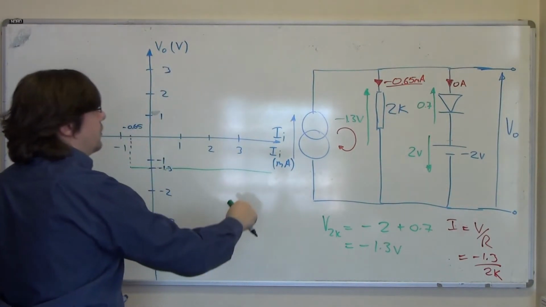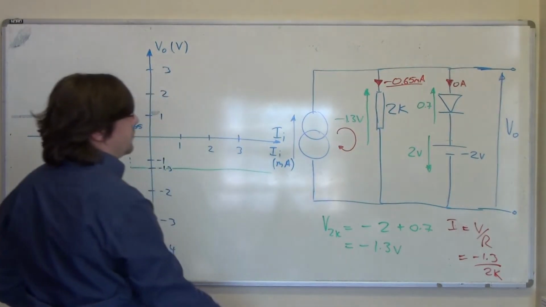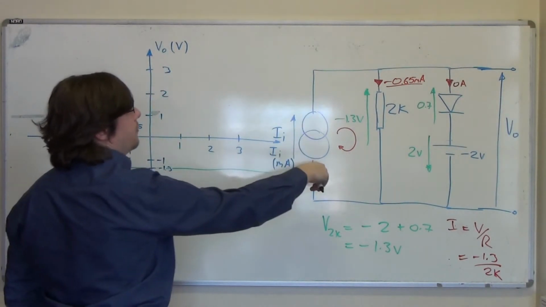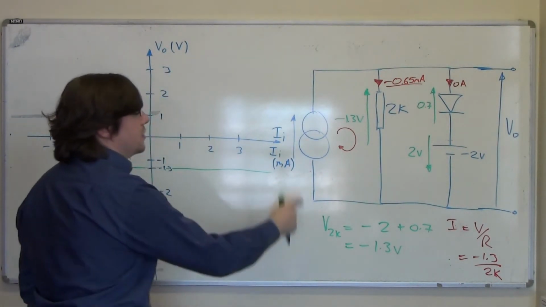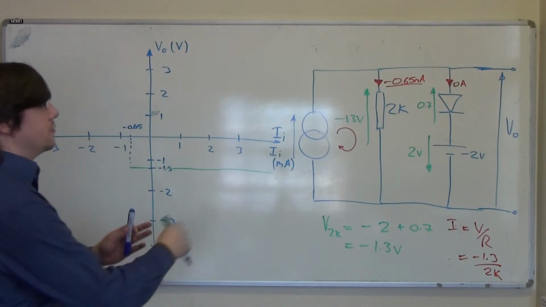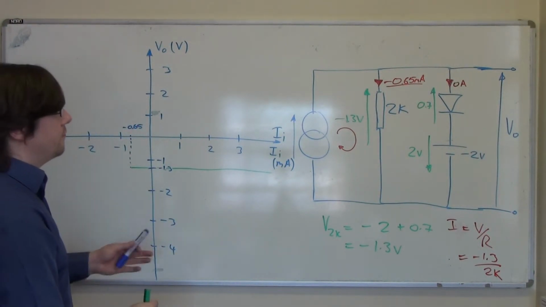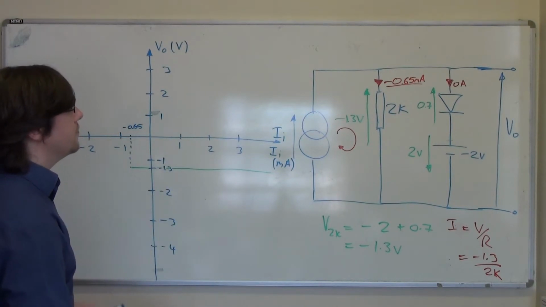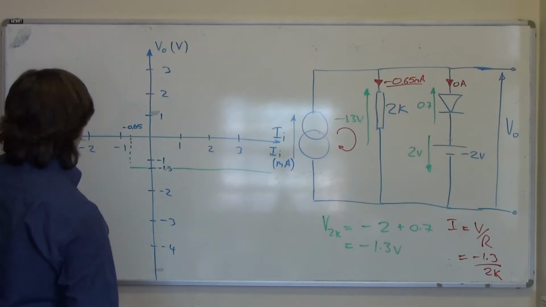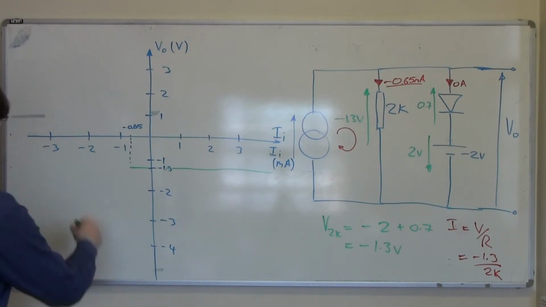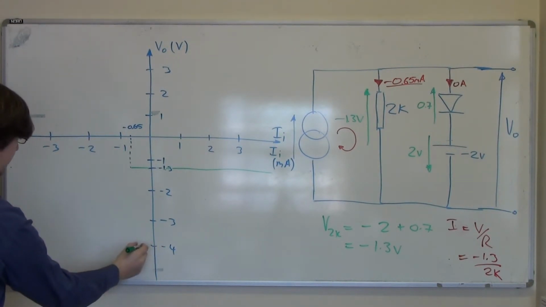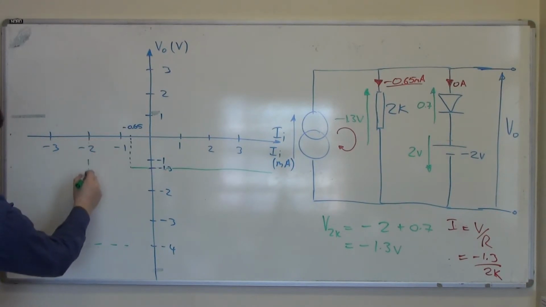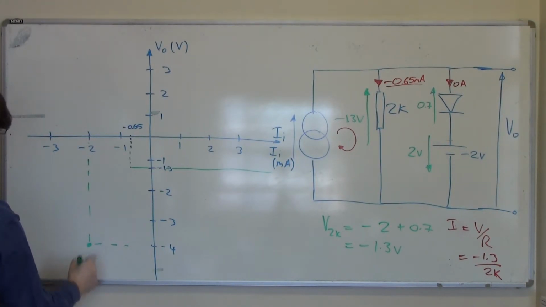So the resistor is 2 kilo ohms, so if I had minus a milliamp, I'd have minus 2 volts. And if I have minus 2 milliamps, I'd have minus 4 volts, because we just apply Ohm's law, V is I times R, for the 2K. So in the case of minus 2 milliamps, I'd have minus 4 volts, so that would put me sort of about here really.